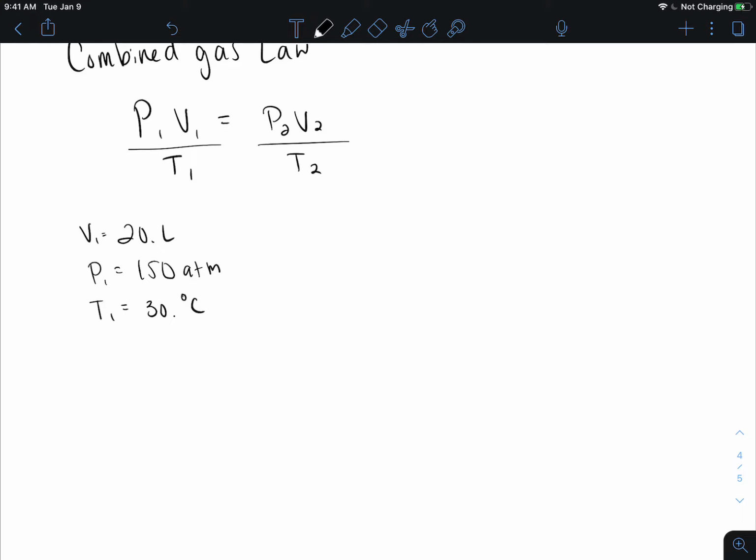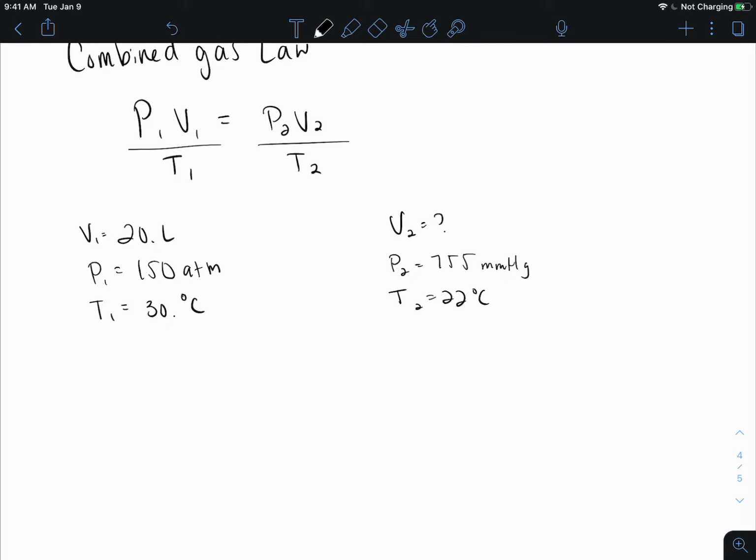Wants to know how many 5-liter balloons can be filled when the temperature is 22 degrees Celsius and the atmospheric pressure is 755 millimeters of mercury. So we want to know basically what the volume of this is when we reduce our pressure to 755 millimeters of mercury and our temperature to 22 degrees Celsius.